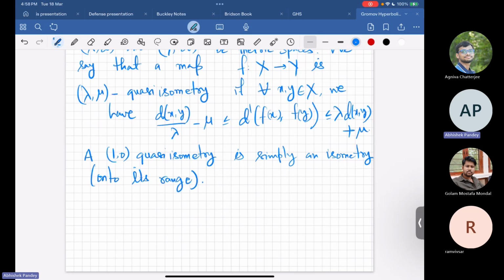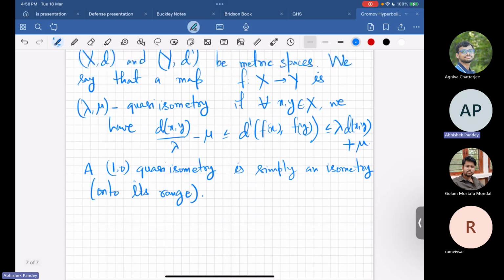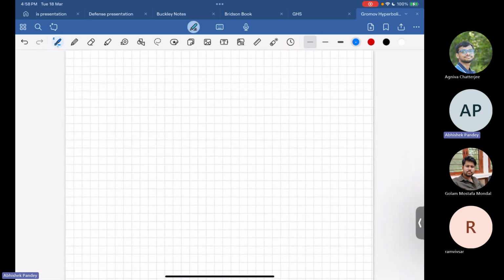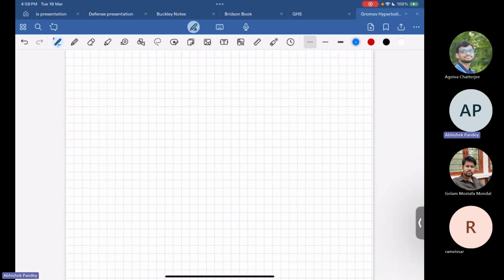Okay, and we say that two metric spaces are quasi-isometrically equivalent. This is an important definition because it is kind of called the rough inverse of a map.